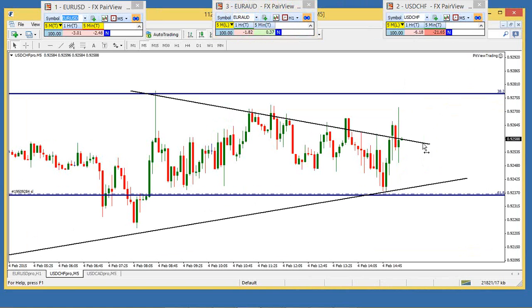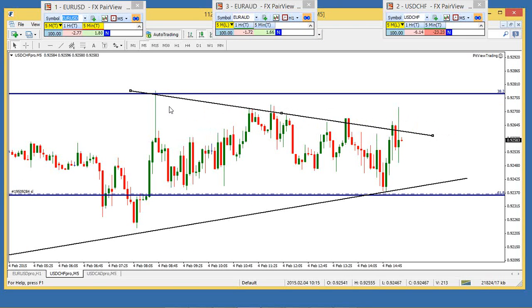One thing that you do see, though, when you look at this on dollar Swiss, this looks a lot like that Canadian dollar, where this has that same type of consolidation right in through here, as it's coming off the top and the bottom of this little channel. We have those lines drawn on the 1 hour chart. But that's one that I'm still going to stay in, but I'm just going to move my stop up to capture a little bit of profit if it does happen to come down.